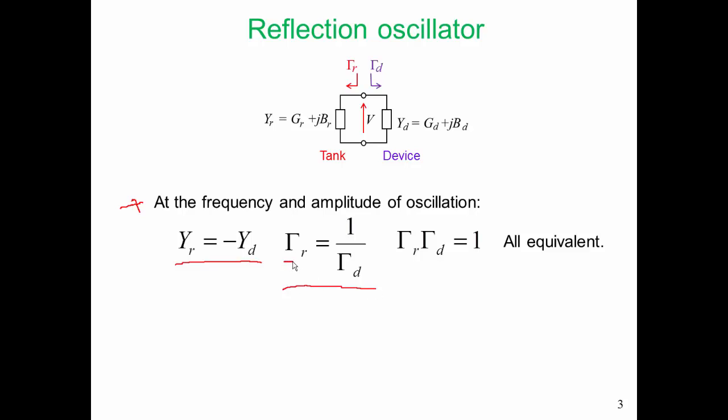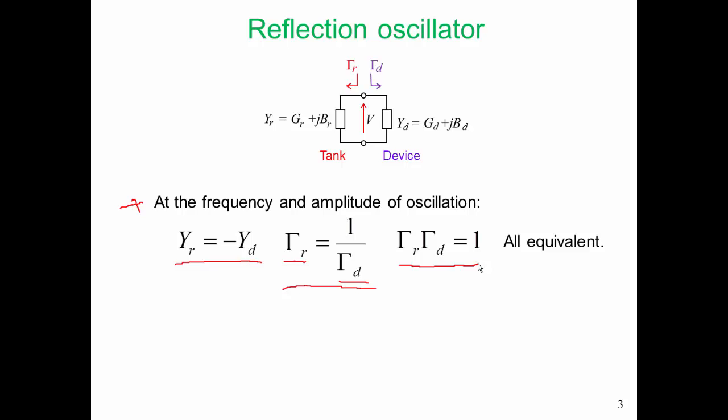We can say that the reflection coefficient of the resonator is equal to 1 over the reflection coefficient of the device. Or, putting it another way, gamma R times gamma D is equal to 1. So all of those are equivalent, and we will hop among these expressions of the oscillation condition depending on what suits us at a time.